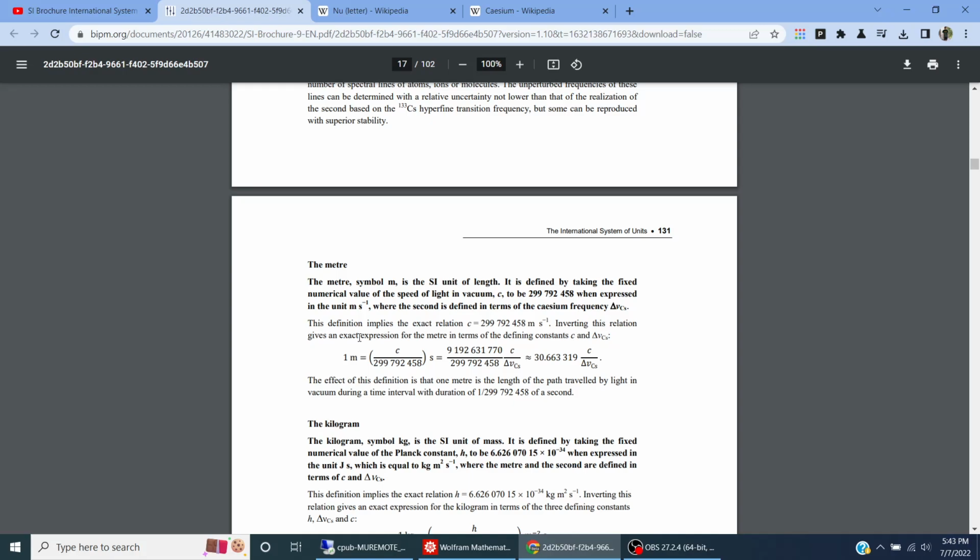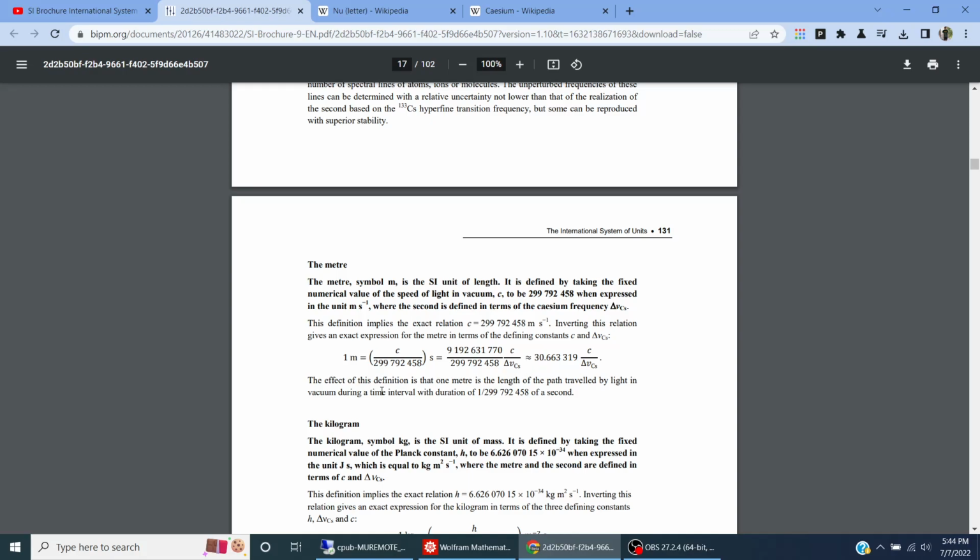Inverting this relation gives an exact expression for the meter in terms of the defining constants, the speed of light and the hyperfine transition frequency of cesium-133. 1 meter equals c divided by 299,792,458 seconds, equals 9,192,631,770 c over 299,792,458 times the cesium frequency, which is about 30.663 c over the cesium frequency.